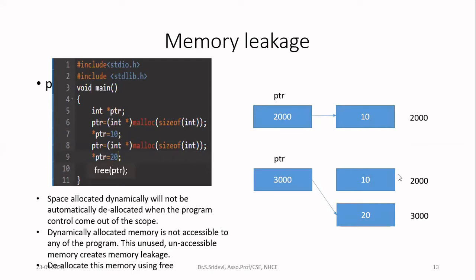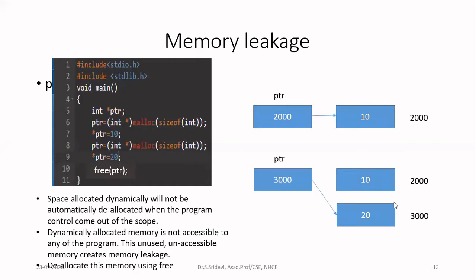So this 3000 will be returned to the garbage area, but this 2000 up to 2003 will not be returned to the garbage area, and it is not used by others either. Similarly, you are also not using it because you have changed the pointer to some other variable. So you are not going to use this one. This is called memory leakage. So try to understand what memory leakage is.